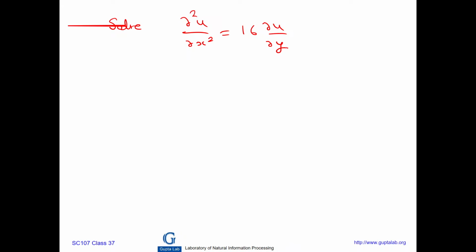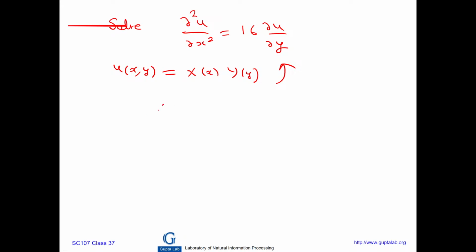Okay. So as I mentioned, suppose the solution is of the form only a function of x and only a function of y. So the solution is a product of two functions, capital X and capital Y. Capital X is only a function of x, capital Y is only a function of y, right? Then we substitute this thing here.